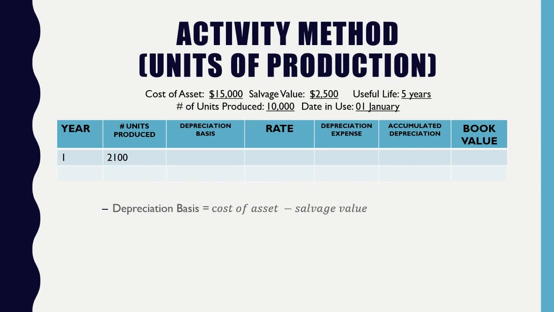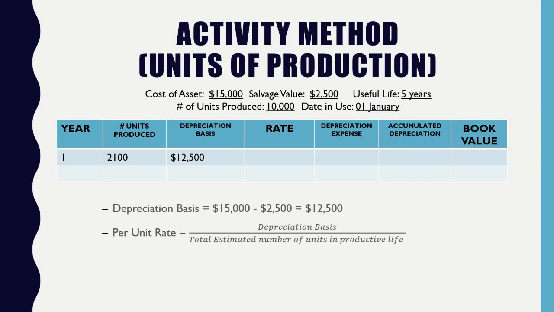Let's go through each equation. First is determining my depreciation basis, which is the cost of the asset minus salvage value. What's the cost of my asset? 15,000. What's my salvage value? 2,500. So what is my depreciation basis? 12,500. The next equation is my per unit rate, which is my depreciation basis divided by the total number of units that can be produced.